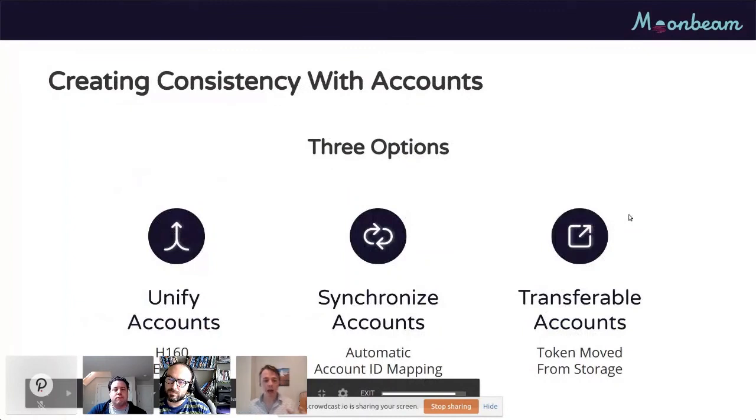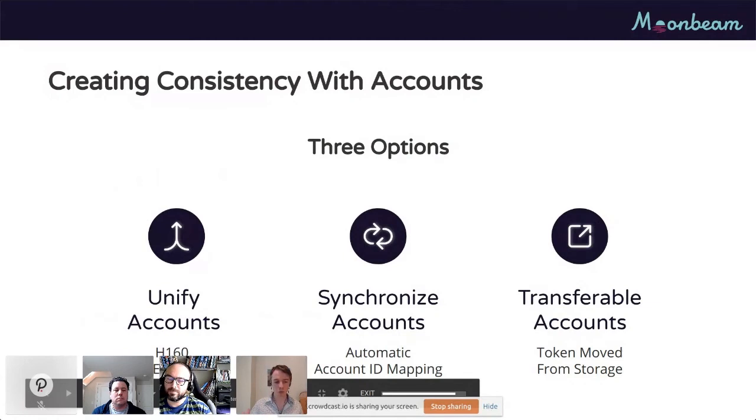Yes. So we came up with 3 different options that we are currently experimenting with. The first one is about unifying the accounts. So instead of having on one side the Substrate account data and the EVM account data in a different structure, we would merge those into one account data. But for that, we need to solve the account ID.